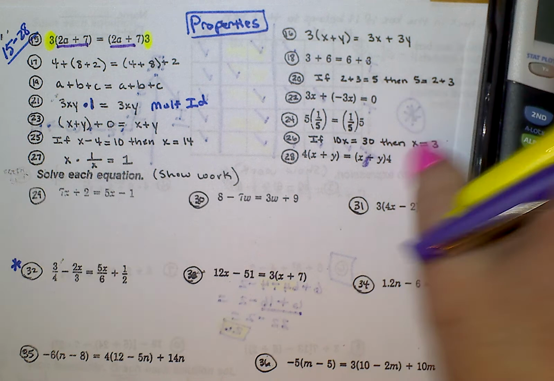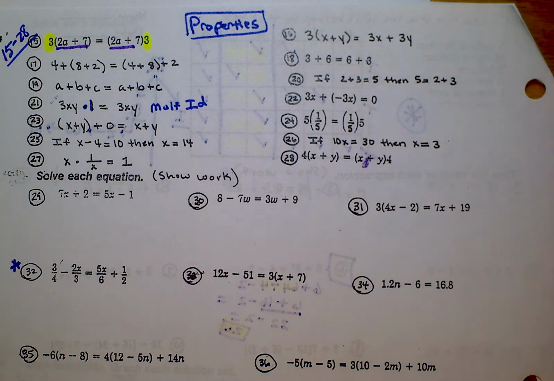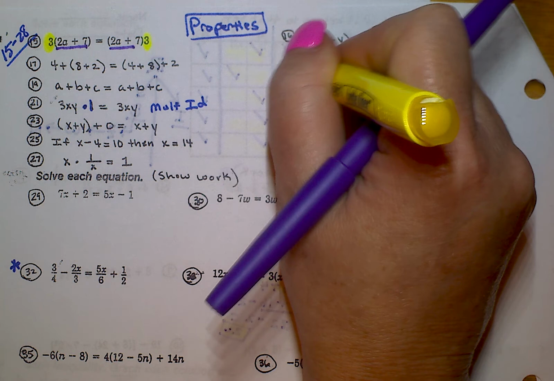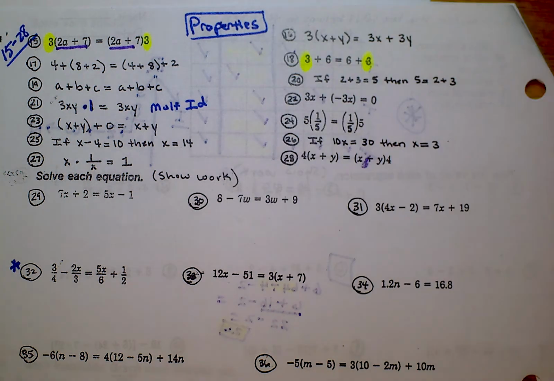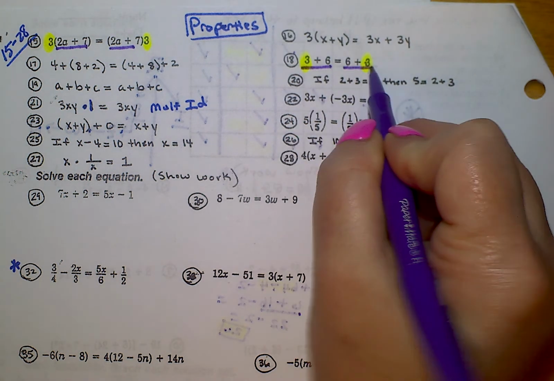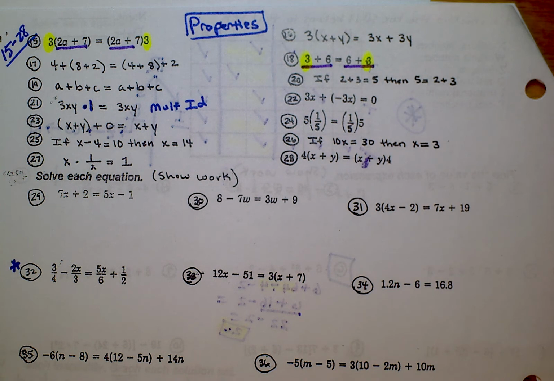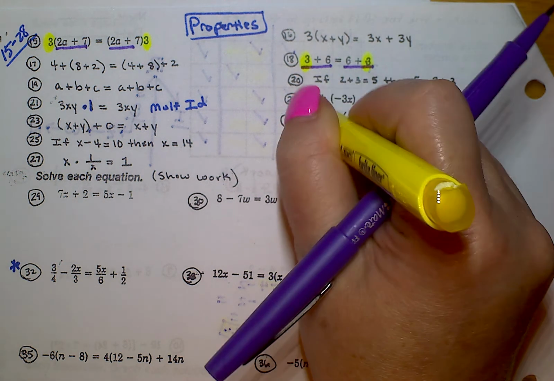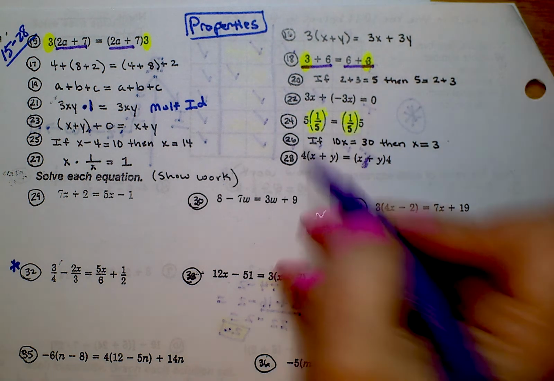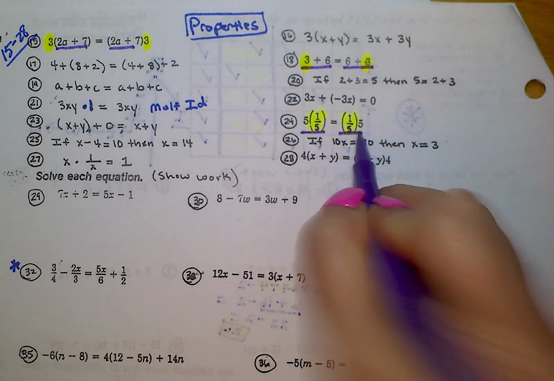Another order I see is number 18. Notice that the 3 is first here and the 3 is last there. And we have a 3 plus a 6 and then a 6 plus a 3. And I'm trying to see, I see another order. This one right here, 5 times 1/5 and 1/5 times 5. So I see another order.